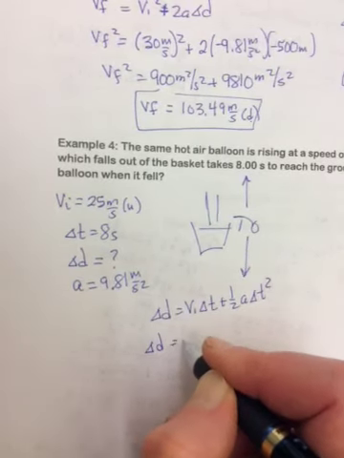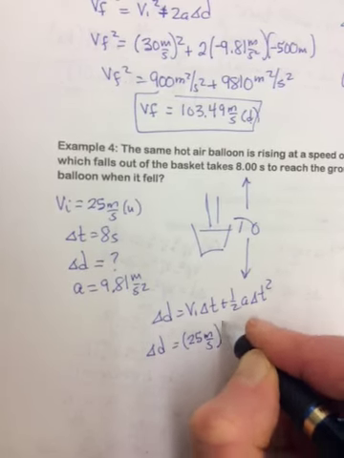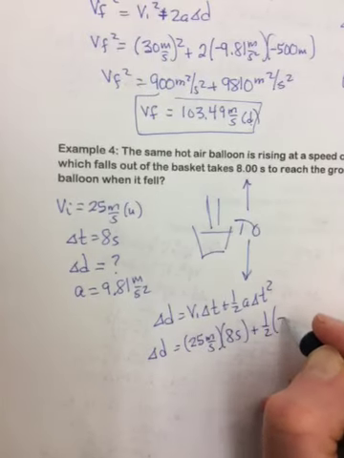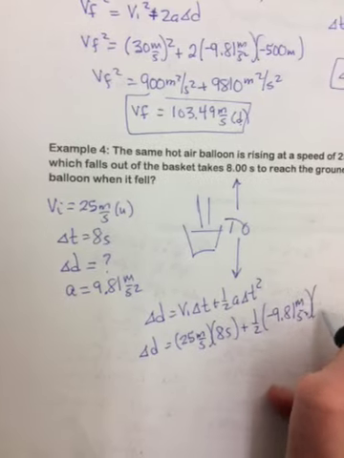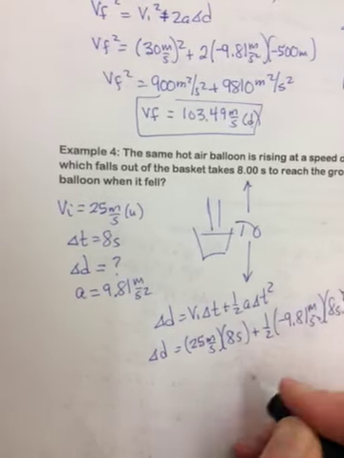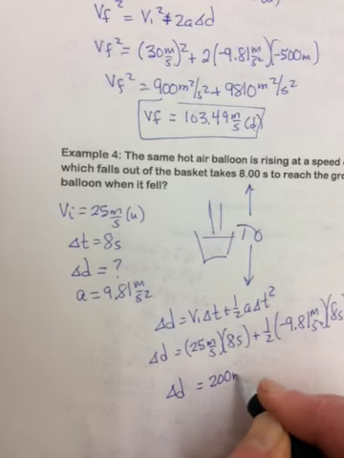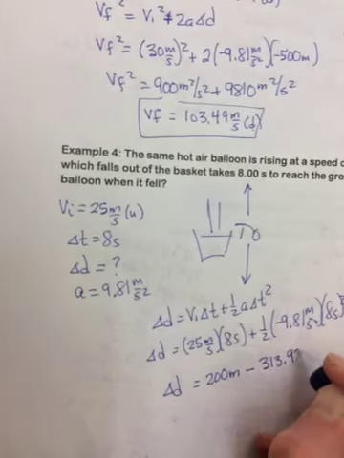So delta D is equal to 25 meters per second up, so it goes in as a positive, times 8 seconds, plus 1/2 times negative 9.81 meters per second squared times 8 seconds squared. Delta D equals, first term is 200 meters minus second term is 313.92.